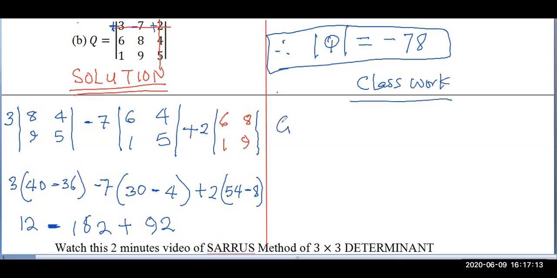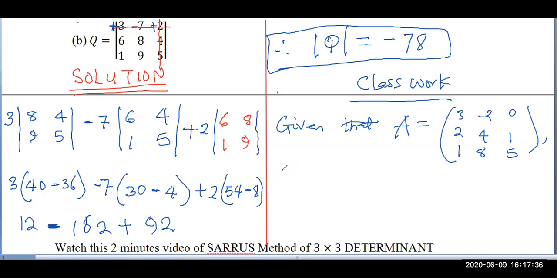Okay, given that A is a matrix of 3, 2, 1, minus 2, 4, 8, 0, 1, 5.